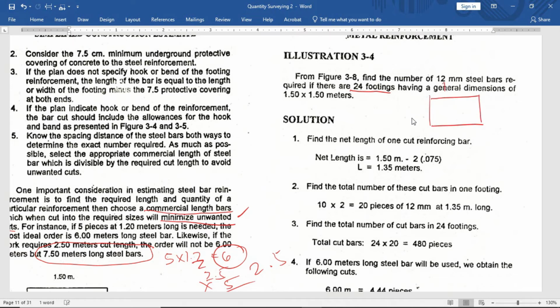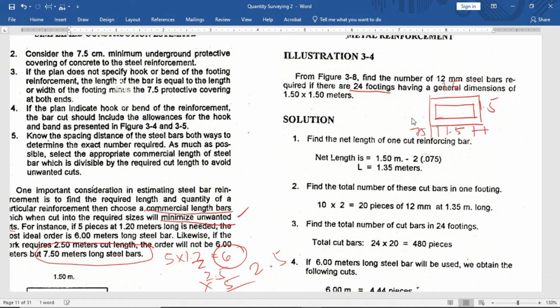So, square. 1.5, 1.5. Net length, binawasan natin yung total length. Diba sabi nga, ang minimum na concrete cover is 75 mm.